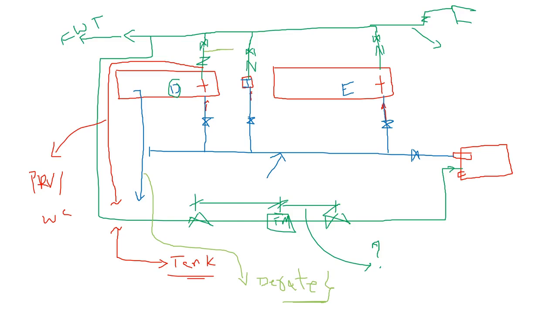I am just explaining the concept, so please don't look at the design part. Here, for example, this is the diesel controller. The pressure sensing line will be connected after the check valve and it will go to the diesel controller. Similarly, after the check valve we will take one more line from the jockey pump and this will be connected to the jockey controller.